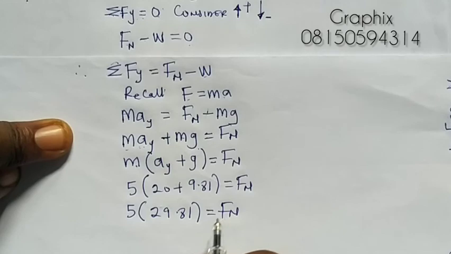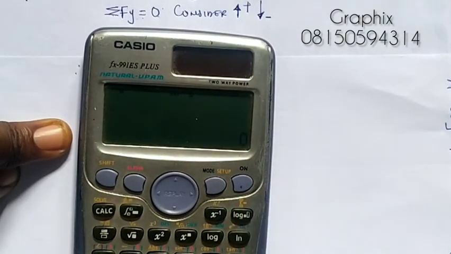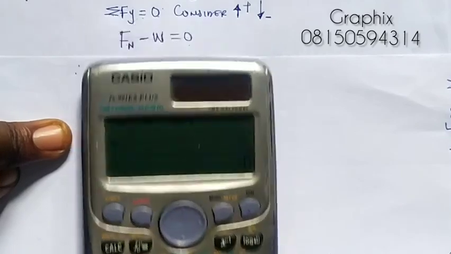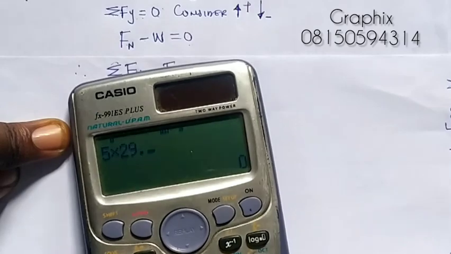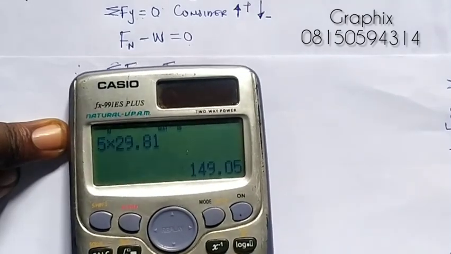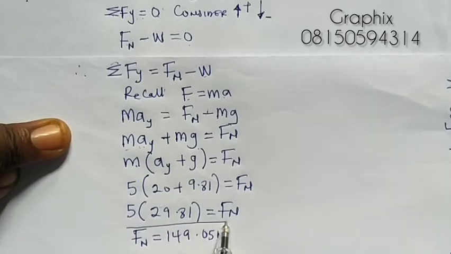The normal force. So 5 times 29.81, 149.05. So we have my normal force, or the force, is equal to what? 149.05 Newton. So this is the normal force here. Thank you very much.